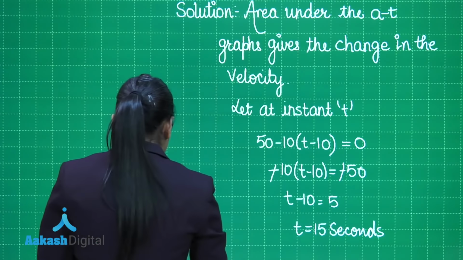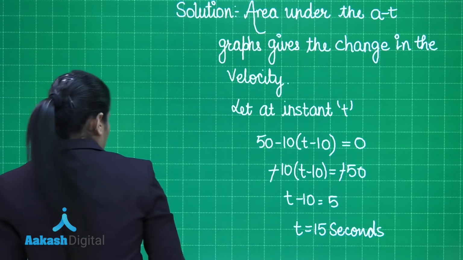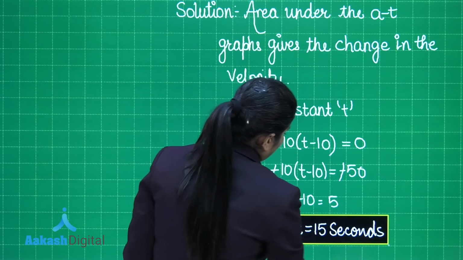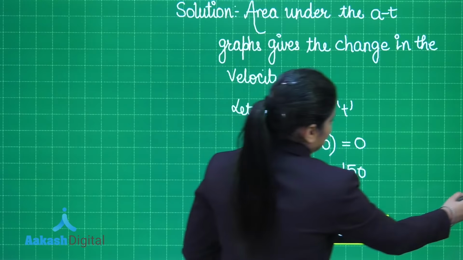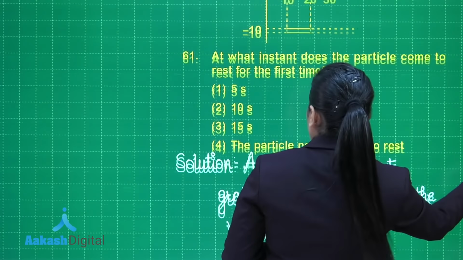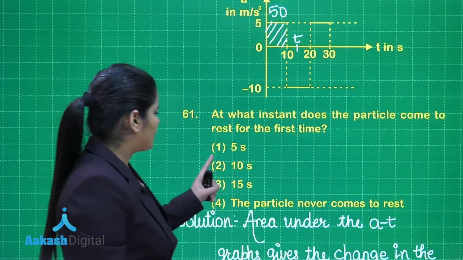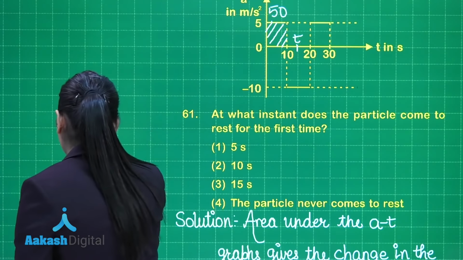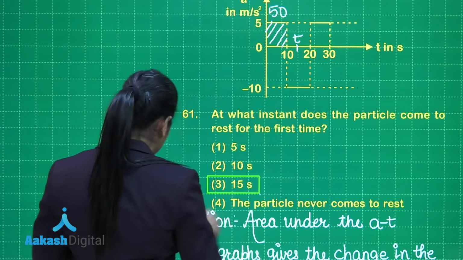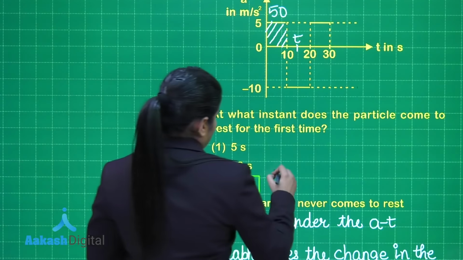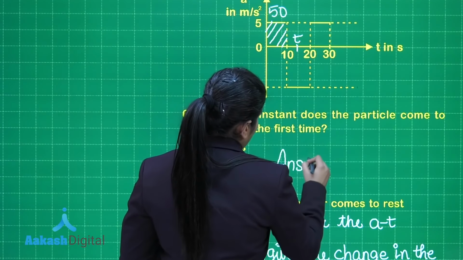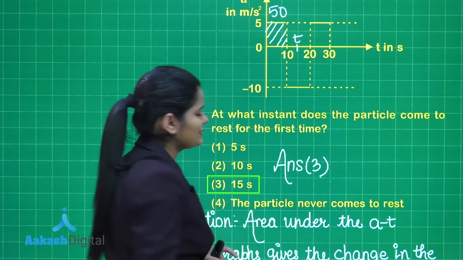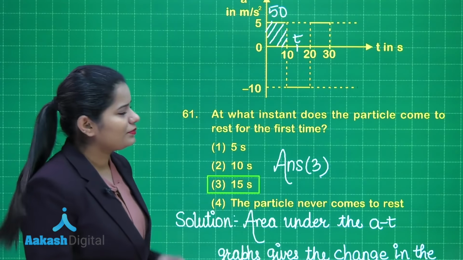So at t equal to 15 seconds, for the very first time the particle will come to rest. If we look at the options, you can see that option number 3 is the correct option. So the answer of question number 61 is option 3. I hope this is clear to you.